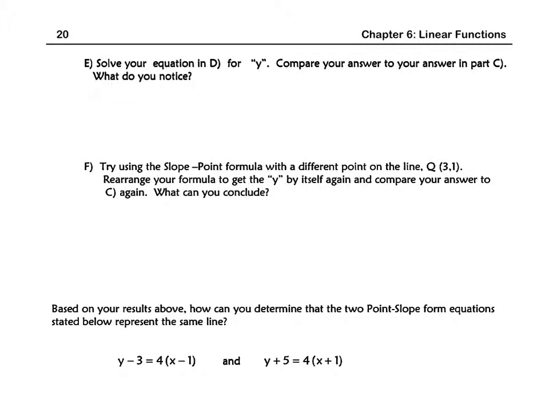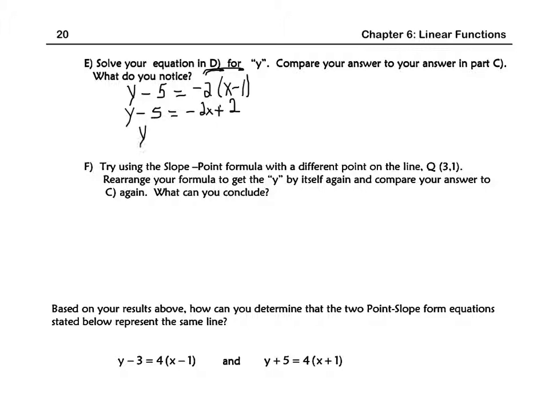So then it says to solve your equation in D for y. So we'll just write it out again. y minus 5 equals negative 2 outside of x minus 1. To solve that for y, we're going to have to expand here by distributive property and get y minus 5 equals negative 2x plus 2.